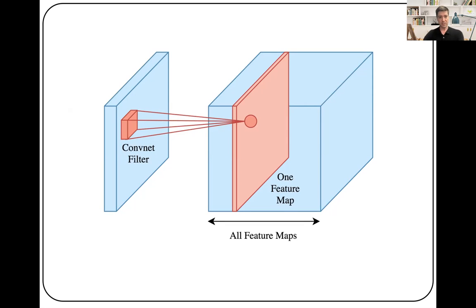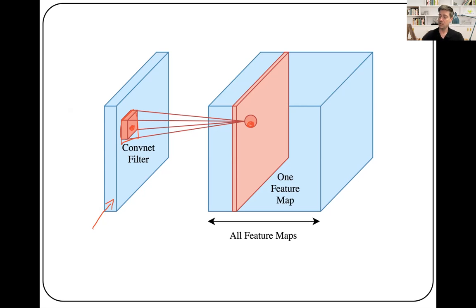Okay, so this is just a summary. Again, we have an image. We're going to apply a convolution filter at different positions. At a specific position, we're going to get a single value for one filter.